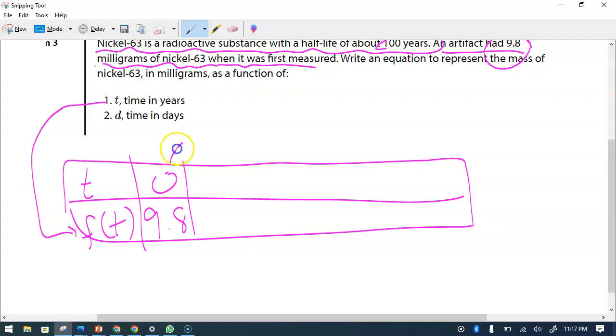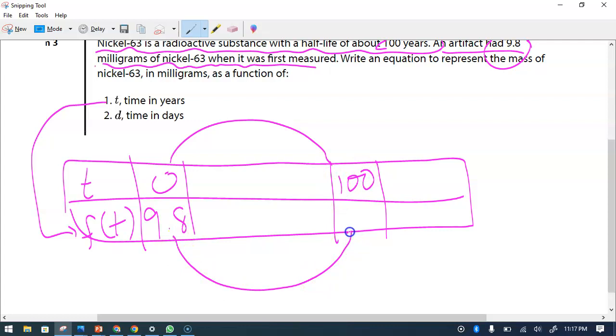Now in 100 years, from here to here, 9.8 will become half, which is 4.9, right? So in 100 years, this will be like 50, then 25, 75, and this 25, you'll break into 25 pieces here.